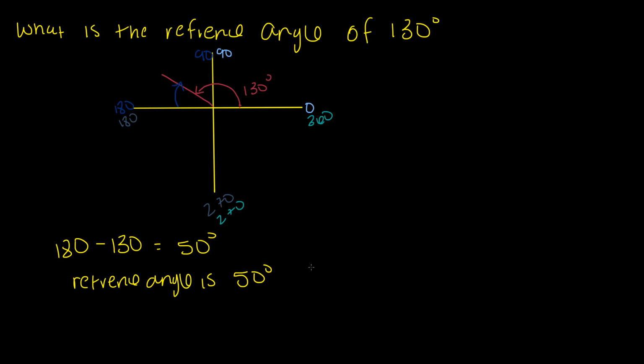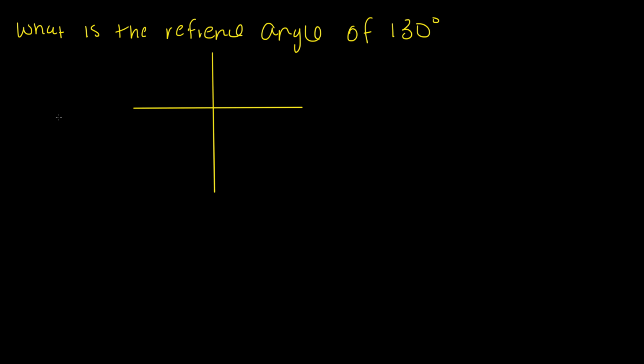All right, so what if we're at 210? Here's 270 here. This is 180, so 210 is somewhere in here. So draw that around. We are now in quadrant 3. And so we are still, again, going to base it off my x-axis.